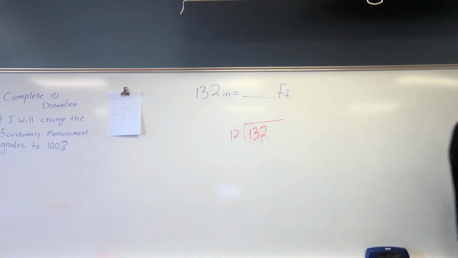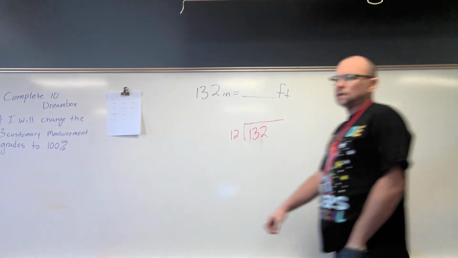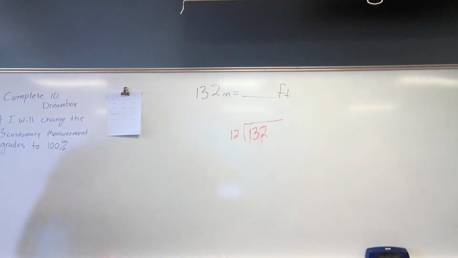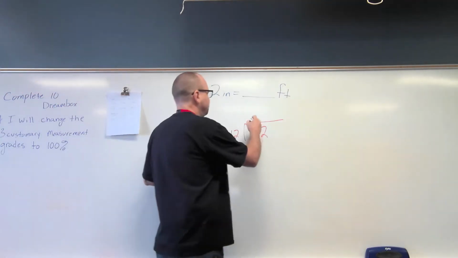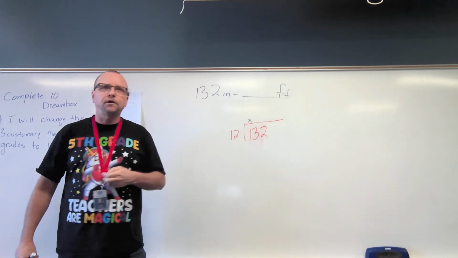So in order to solve this, we have 132 divided by 12. Silas, how many times does 12 go into 132? How many times does 12 go into 1? Does 12 go into 13?